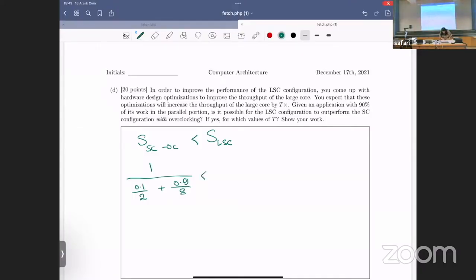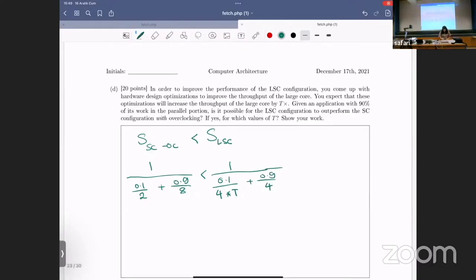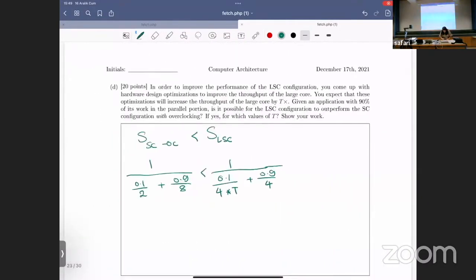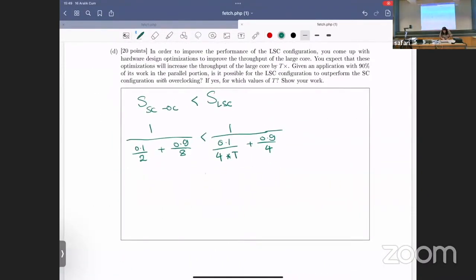This should be smaller than 1. Okay, we had already 4 times it was faster. Then we multiply it by t plus 0.9. This part does not become faster.